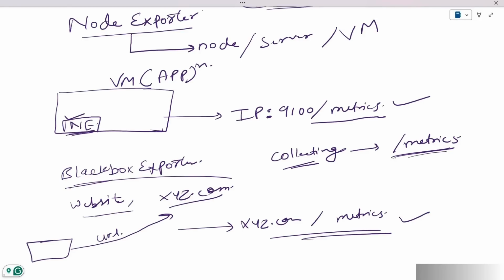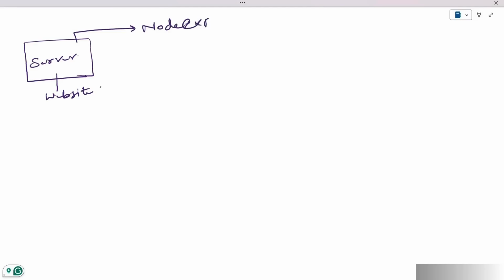Now, what we understood as of now: let us say that this is my server, and on this server we have a website running, right? If I want to monitor this server and website, first of all, on this server I have to install node exporter, and I have to install anywhere, which one, black box exporter.